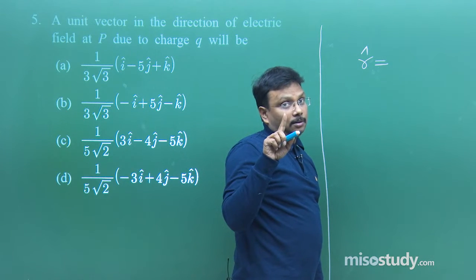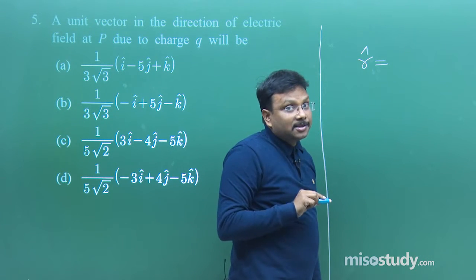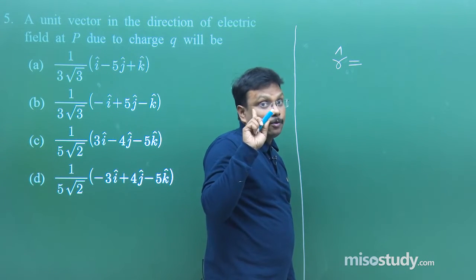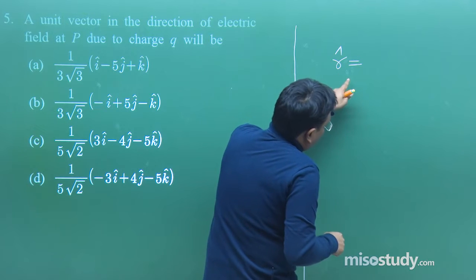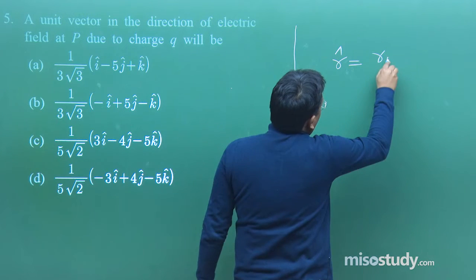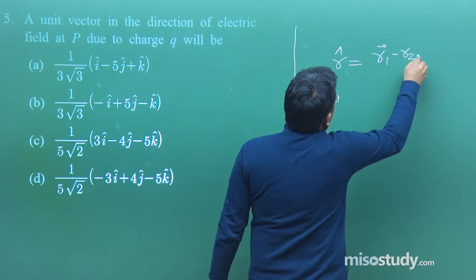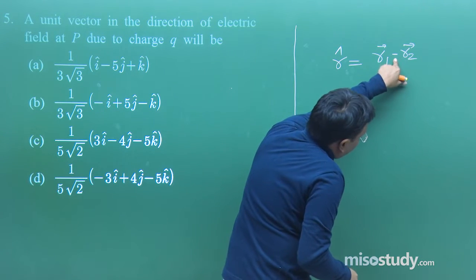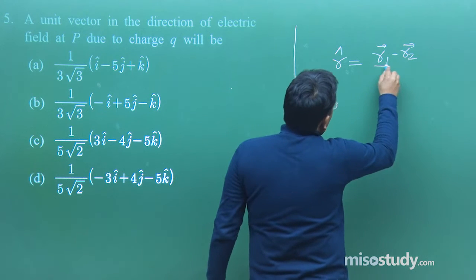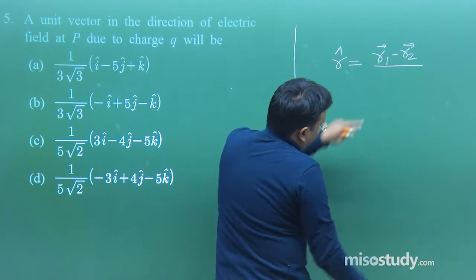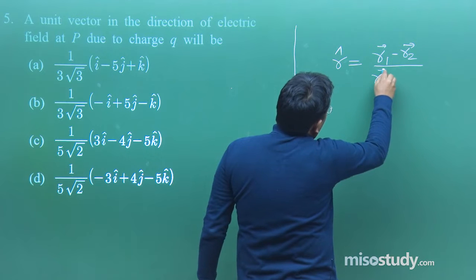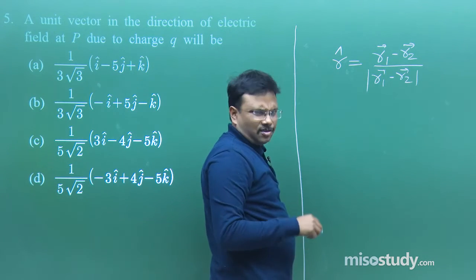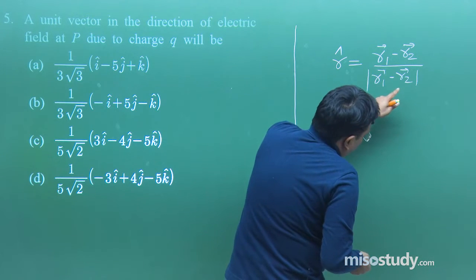Actually I have one position vector at which the charge is placed, and another position vector where this point P is situated, that was given in the information. So I am trying to find the vector R1 minus R2, the difference, divided by the mod of vector R1 minus R2. Simple. So that formula we can write down over here.